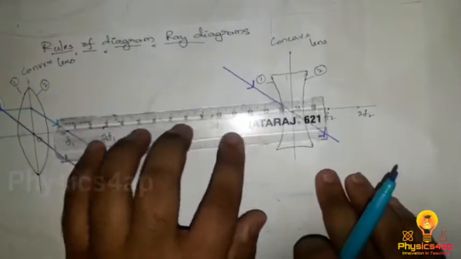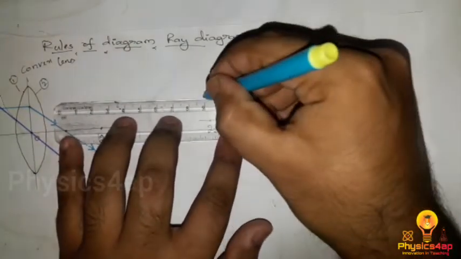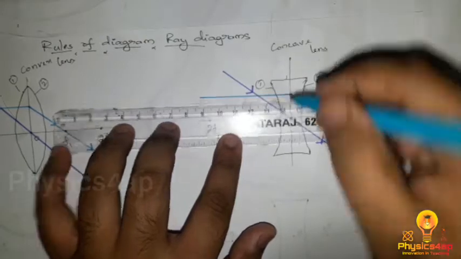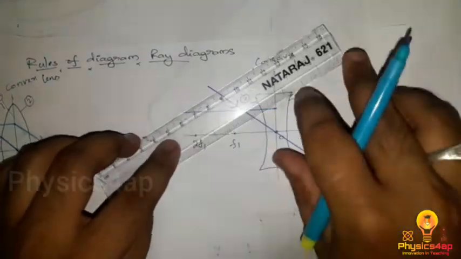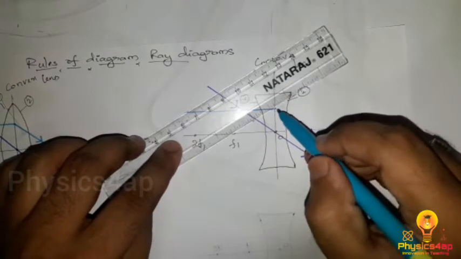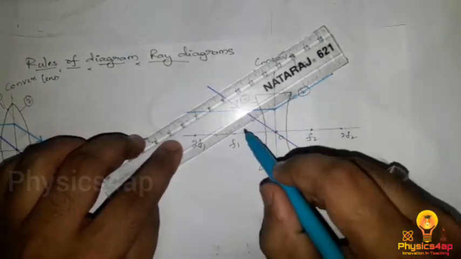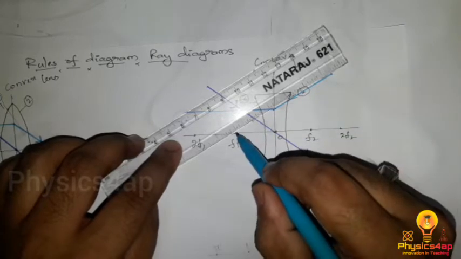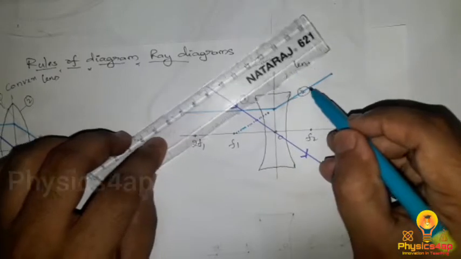Similarly for the concave lens, as it is a diverging lens, when the ray passes parallel to the principal axis, it gets diverged. The diverging line, which is the refracted ray, appears to be coming from f1, that is, from the focus.